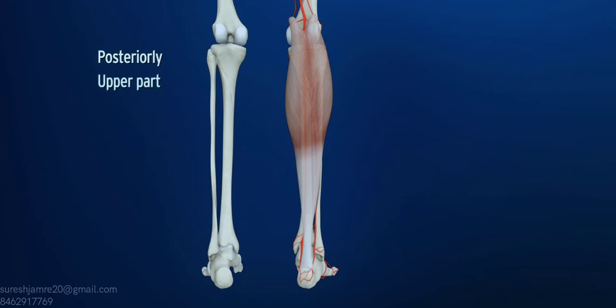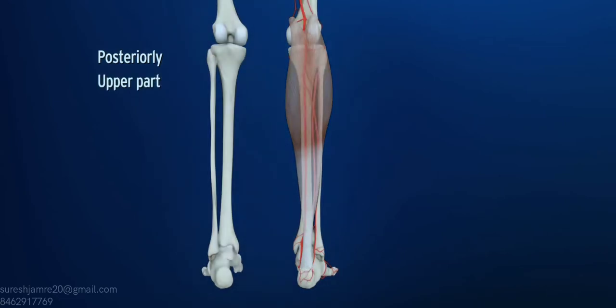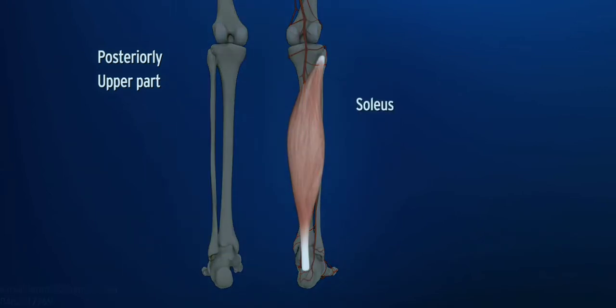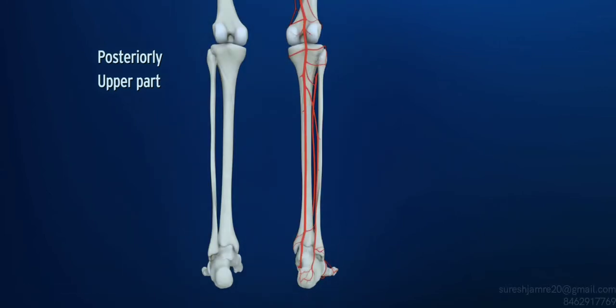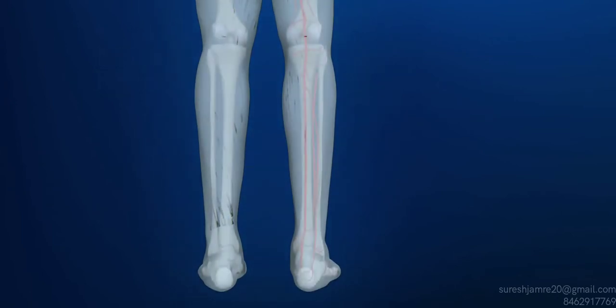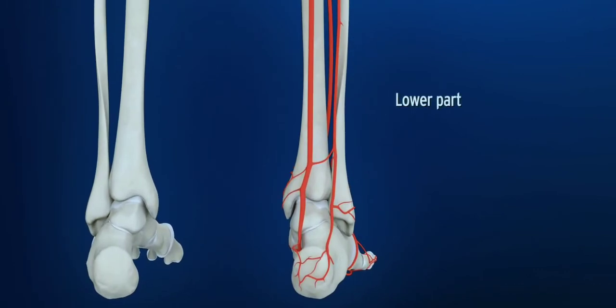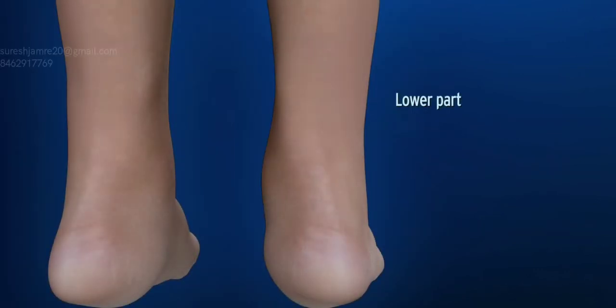Posteriorly, in the upper part, it is covered by gastrocnemius, soleus, and deep transverse fascia. In the lower part, it is covered only by skin and superficial fascia.